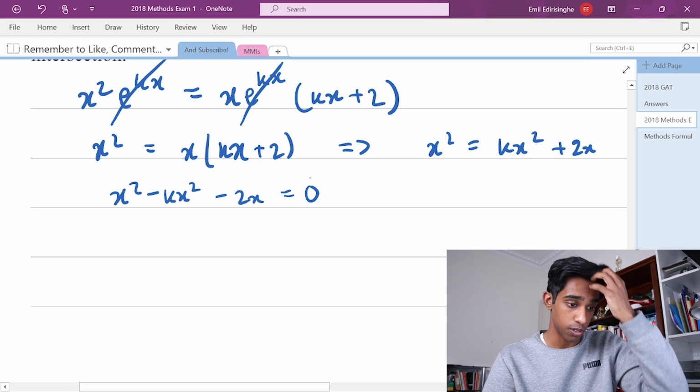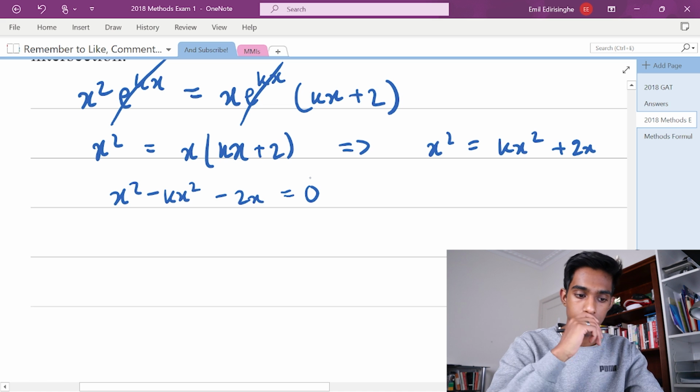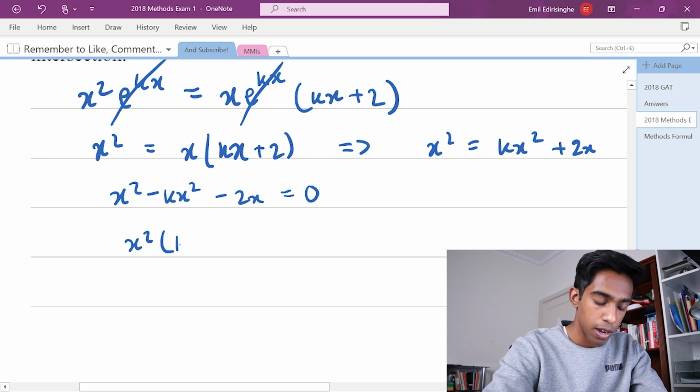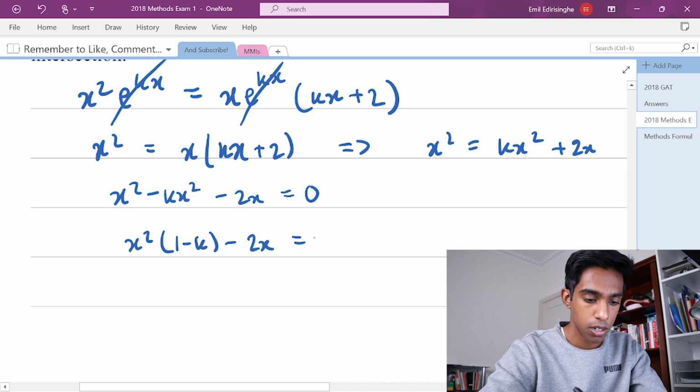And now we're essentially solving this equation for 0. So we can get x squared (1 minus k) minus 2x equals 0.